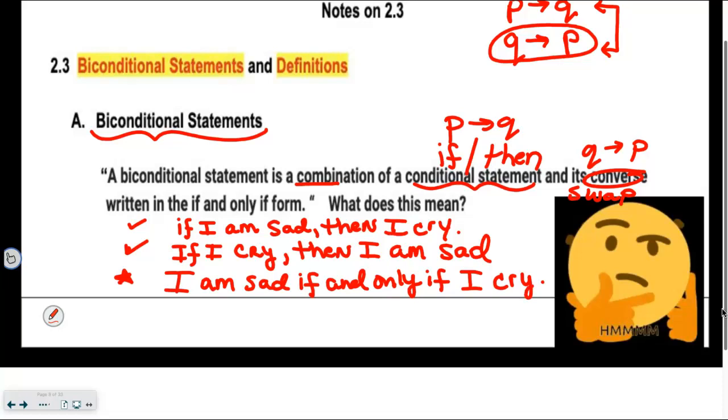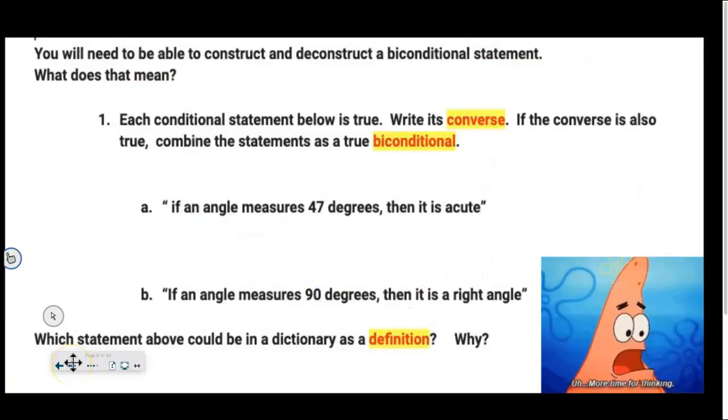I could have said it either way, but I am sad if and only if I cry. So I make one statement out of the two, and that's what it means by written in the if and only if form. Now the trueness of it, do I cry if and only if I'm sad, or am I sad if and only if I cry? I cry when I peel onions, but we're not going to worry about that quite yet. When we have those questions, it'll be very clear whether it's true or not true.